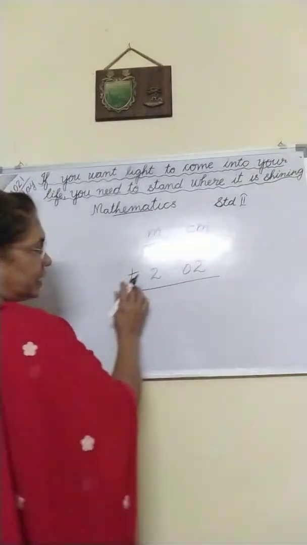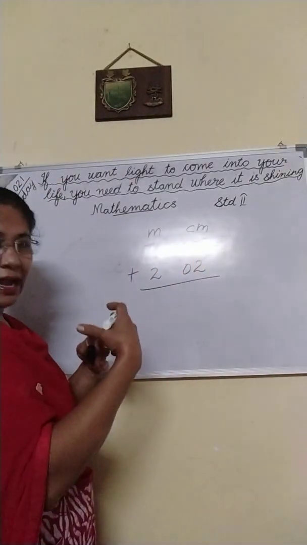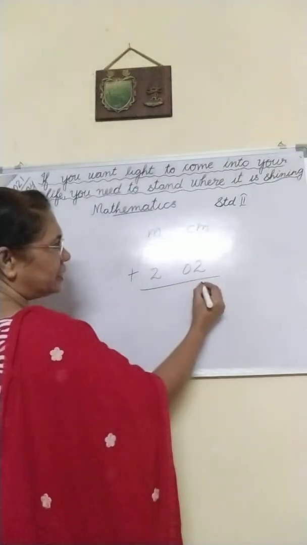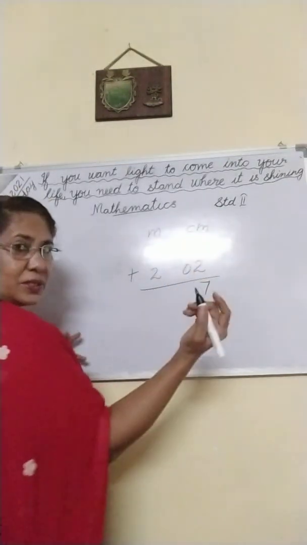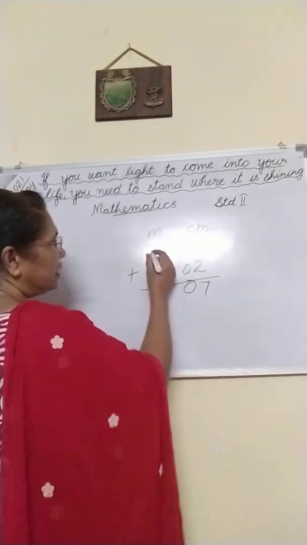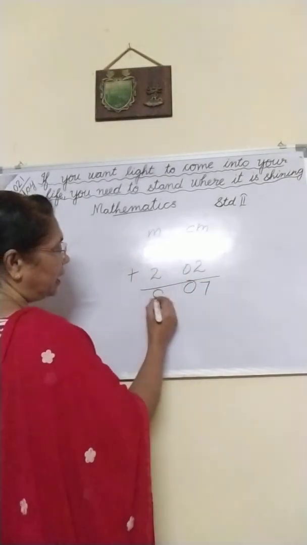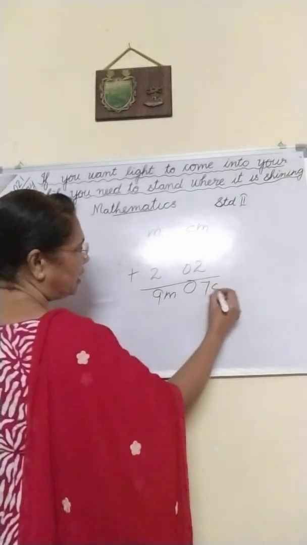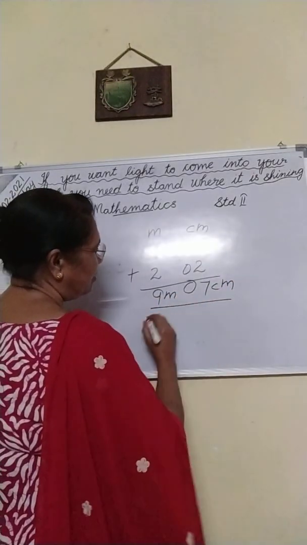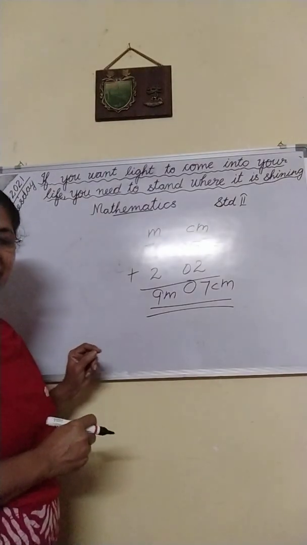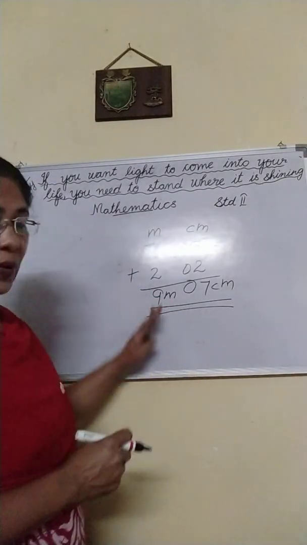Yes, this is addition. Addition means to add. 5 plus 2 is 7. 0 and 0 is 0 itself. Then 7 plus 2 is 9. That means 9 meters and 7 centimeters. Okay. This is the way you add.